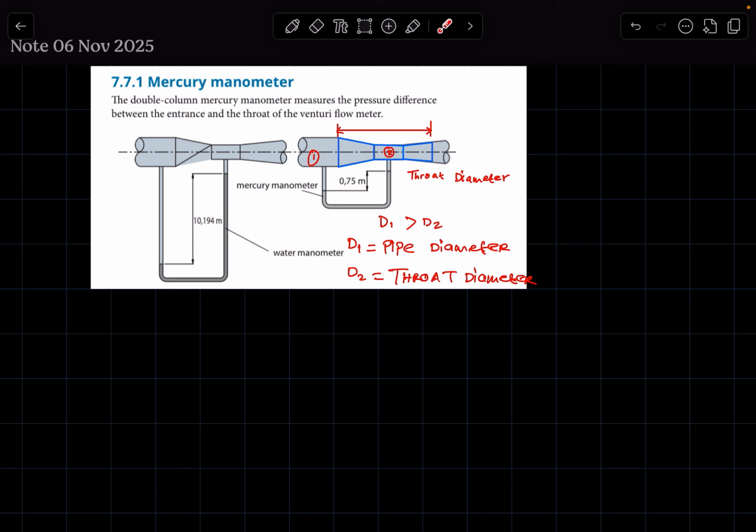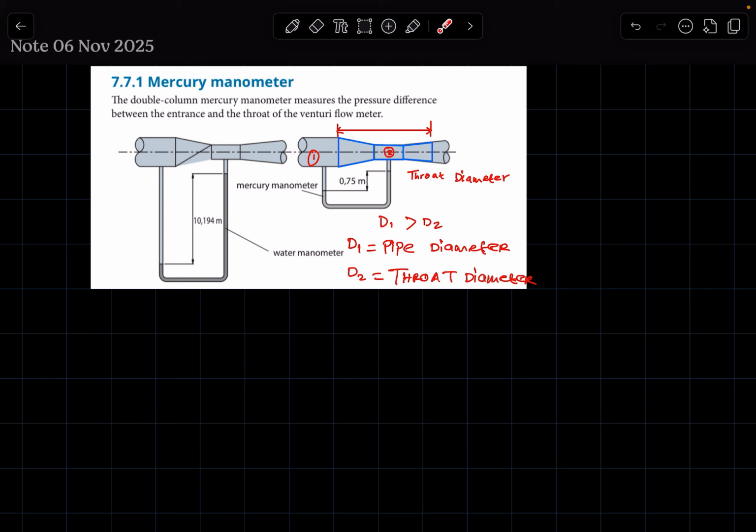Now, Venturi meters are used sometimes in conjunction with manometers. So here is a manometer, and a manometer is an instrument that is essentially used to measure the pressure difference between any 2 points in the fluid's motion. If the fluid enters from this side, which is the pipe side, this will be the inlet.